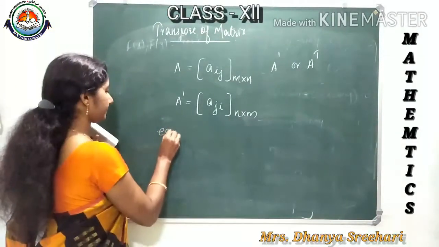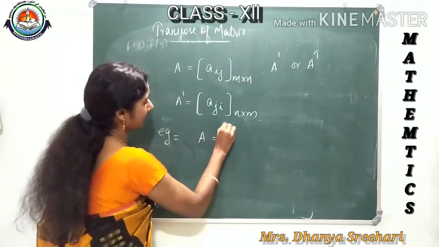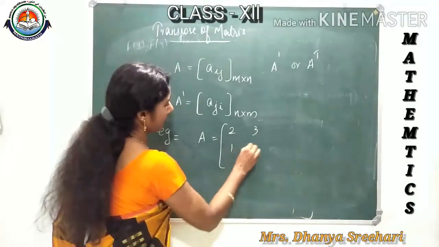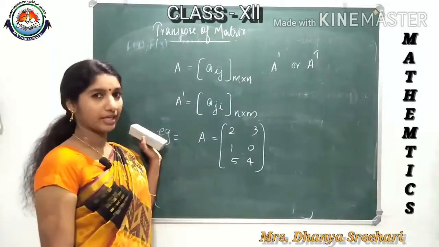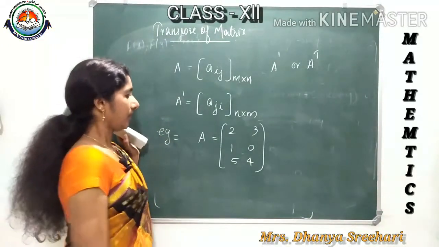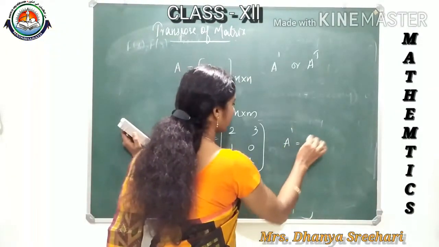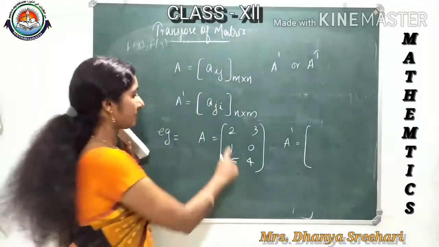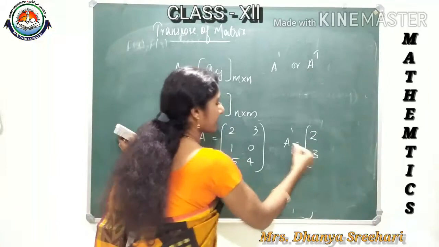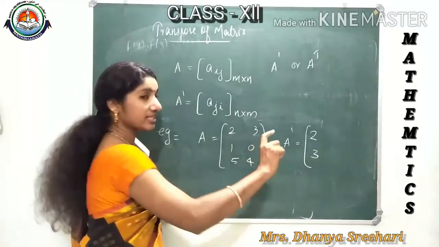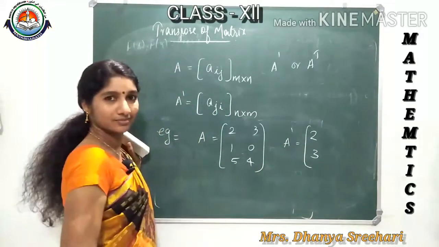One example. One matrix is given: 2, 3, 1, 0, 5, 5, 4. A 3 by 2 matrix we got. And A transpose is equal to interchanging the rows. Which is the first row? First row is 2, 3. That we are writing as a column. So first row we change as first column.